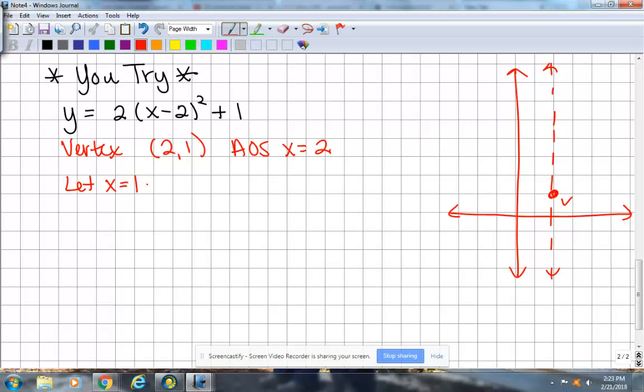I do too. So if I let X equal 1, that means everywhere there's an X, I put a 1. So 2 times 1 minus 2 squared plus 1. Be careful with your order of operations. Parentheses first. 1 minus 2 is negative 1. Negative 1 squared is positive 1. 2 times 1 is 2. 2 plus 1 is 3.